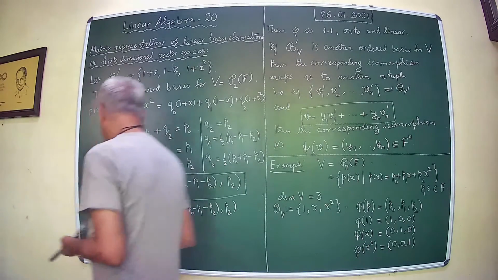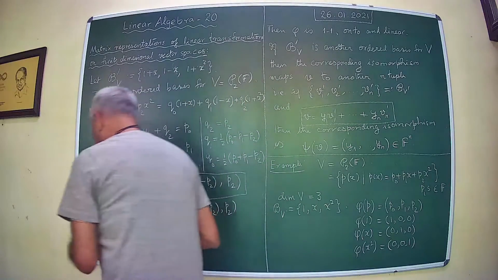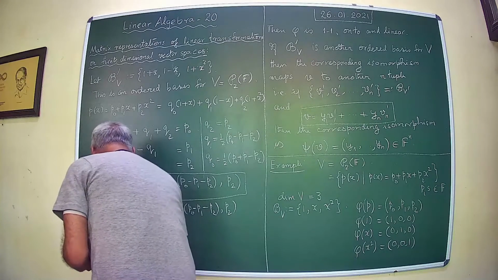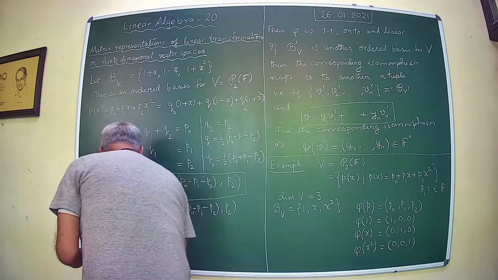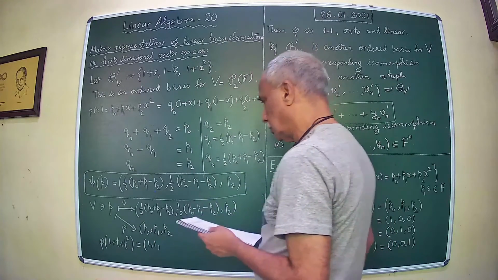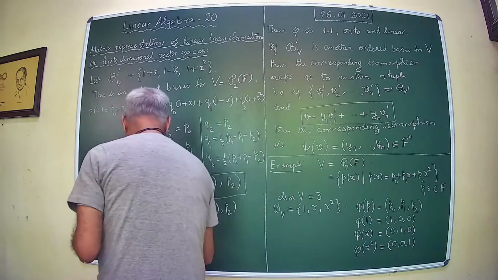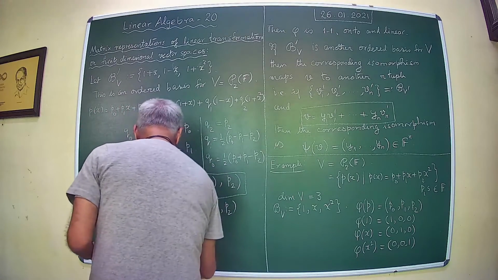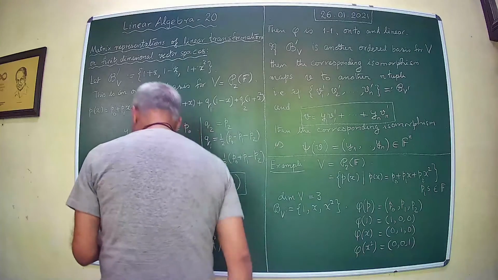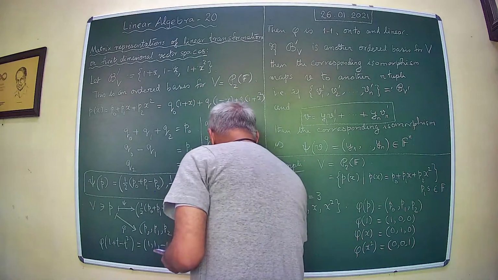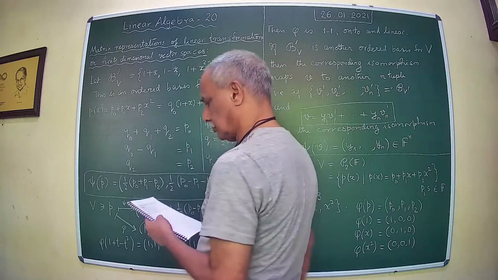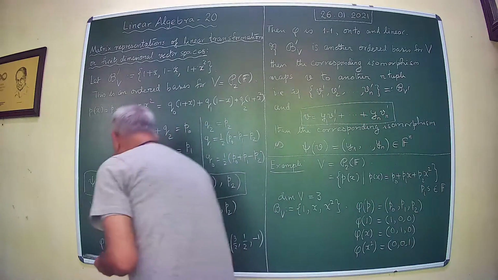For example, if you just work with this one, you see that phi of a specific case, 1 plus x square, is equal to 1, 0, 1, whereas psi of this is equal to 1/2, 1/2, 1.